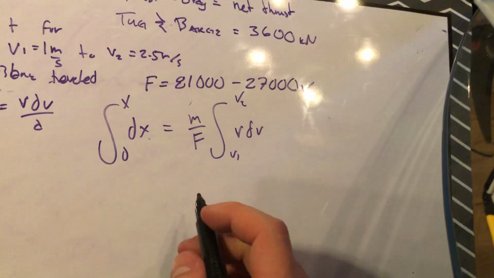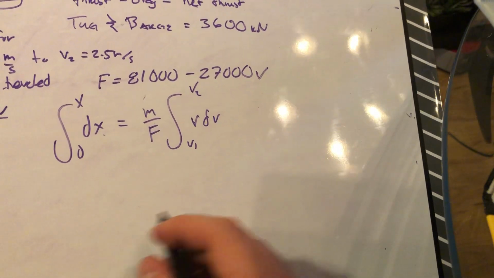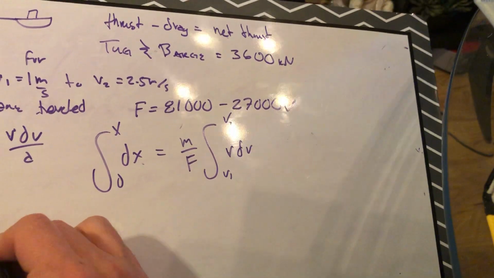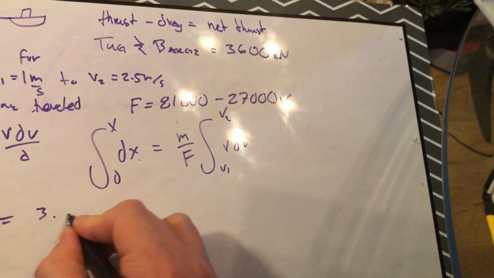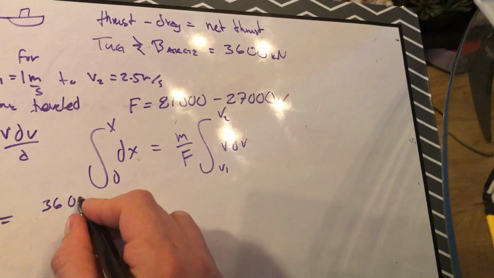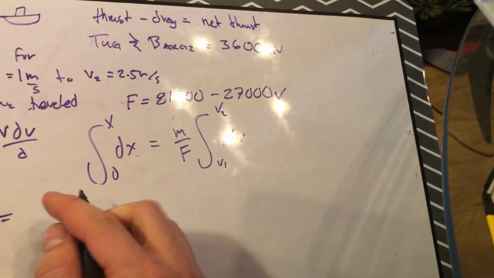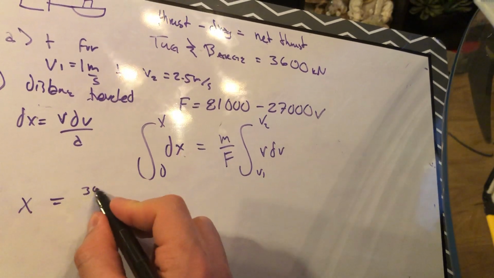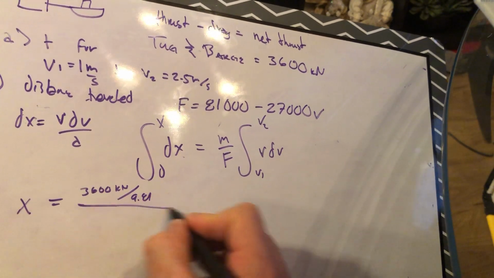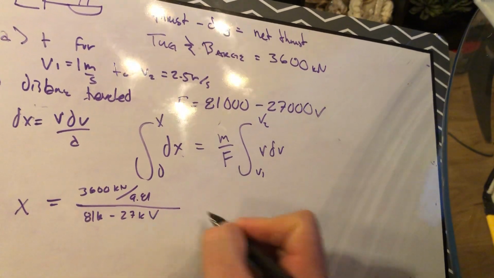Okay, so, well, I kind of know why. Because when we do this term here, it's a little different than before. So we have x is equal to 3.3600 kilonewtons, I believe. Then we have the other one, k minus 27kv.